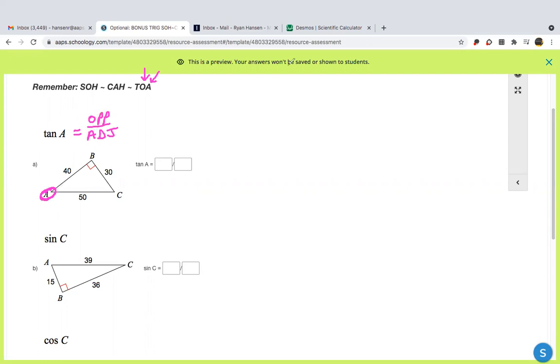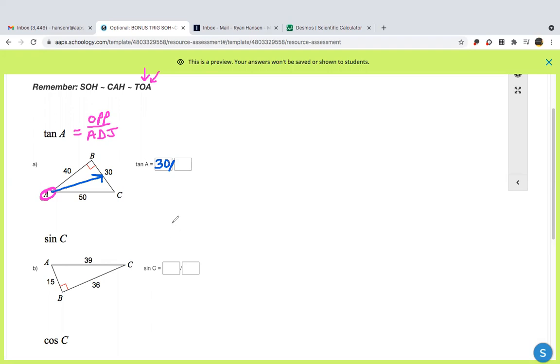From angle A, the opposite means you start from the reference angle, and I think of it like throwing a rock across the triangle through the center, and you hit the other side, bang, you hit 30. So 30 is the opposite, so that goes in right there. And then divided by, that's a divide symbol. There was no way I could do the fraction vertically with this, so I had to do it kind of sideways.